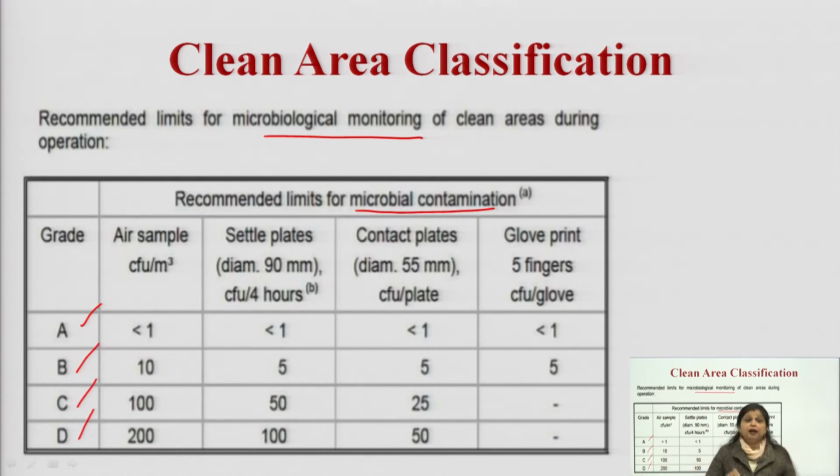Grade A will have the minimum contamination. As you can see, there will be less than 1 CFU, that is colony forming unit, not more than 1, which means nil.